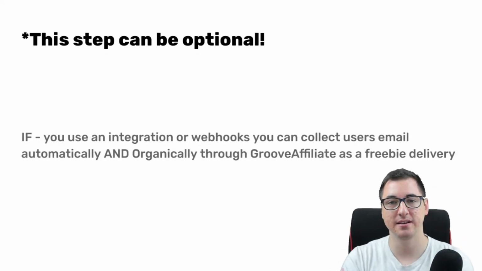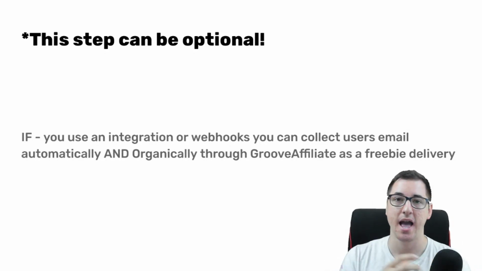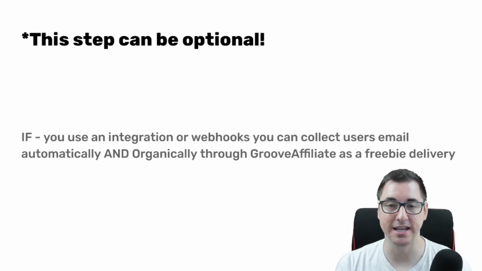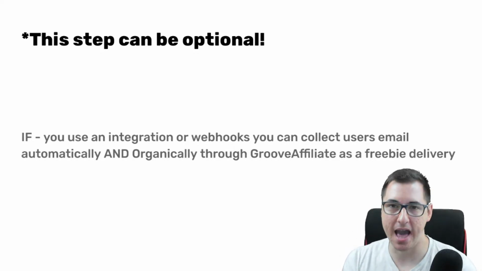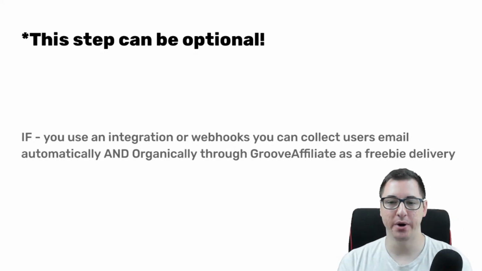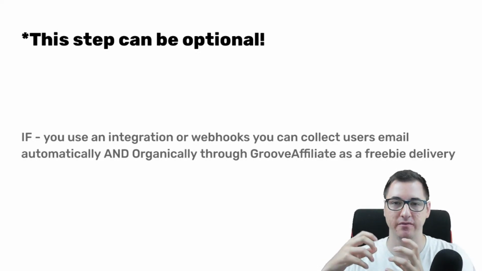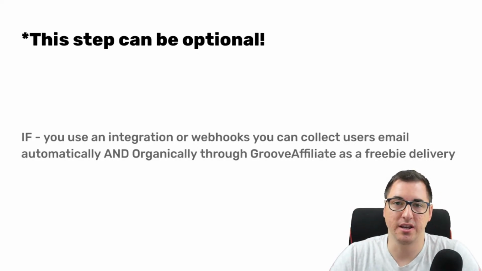So in case you connected your freebie to Groove Affiliate for the free signups and you integrated it with something of your own, like an email marketing service, then you're actually done with the steps. You don't really have to have an opt-in page, but it's good to have because it's still good for people to opt in, to want the freebie that you have, to want to communicate with you, and it's just a more natural thing that people are used to.